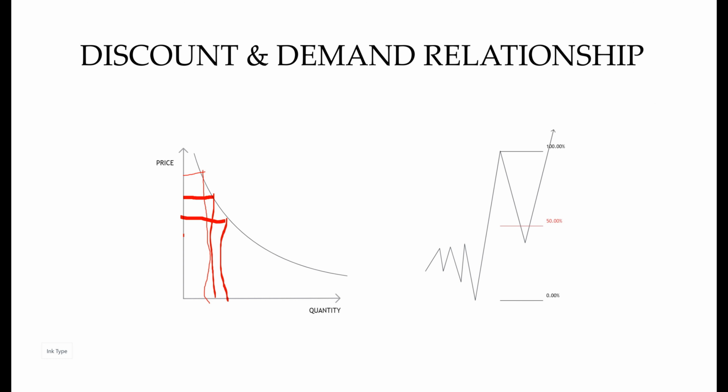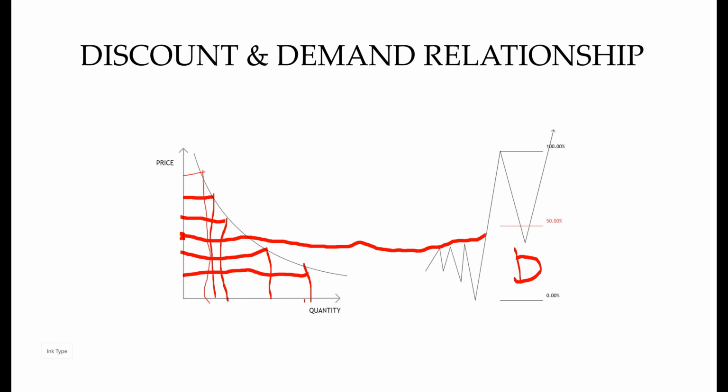And somewhere at this midpoint, we get into the discount zone. Same principle, just the reverse. Now, from this equilibrium price lower, the demand keeps increasing, correct?